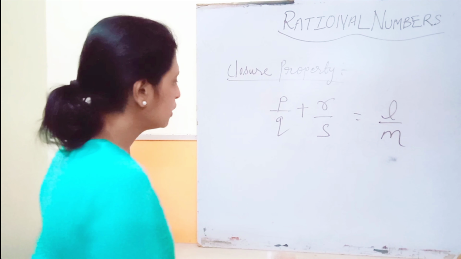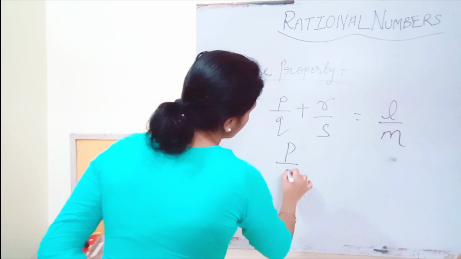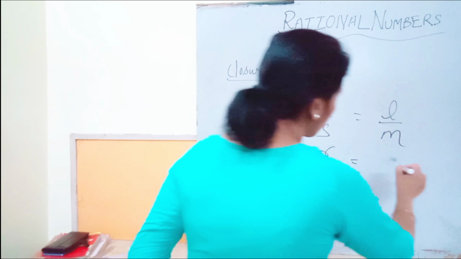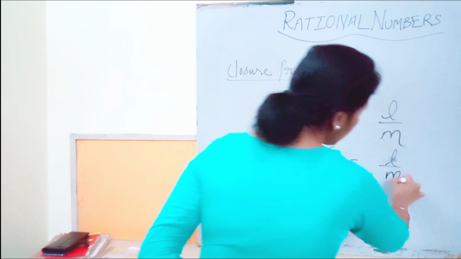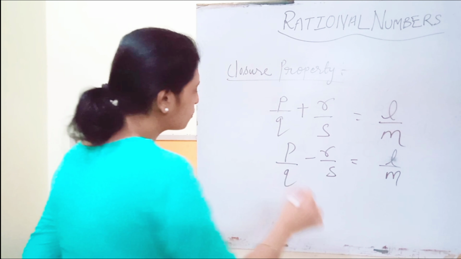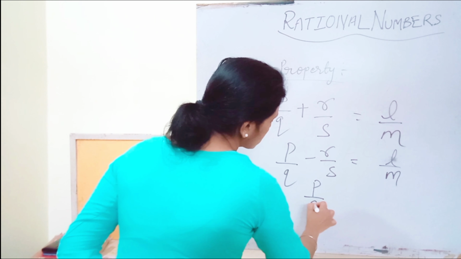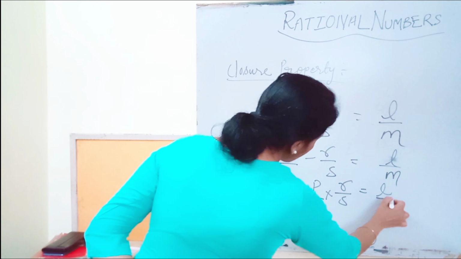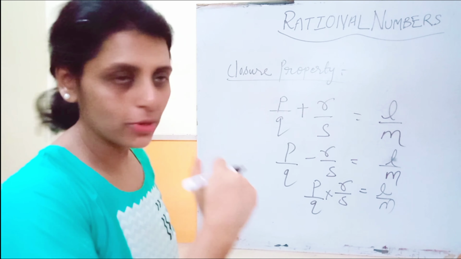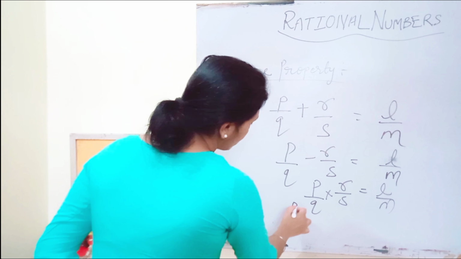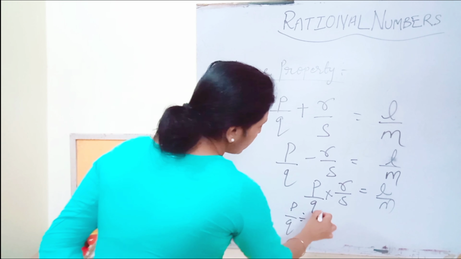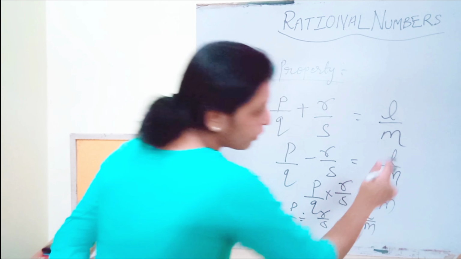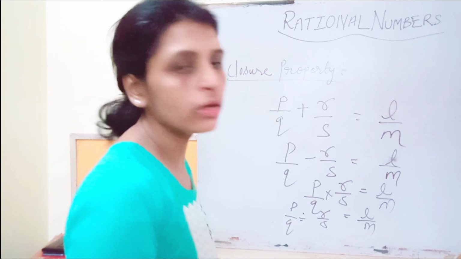In the same way, if we subtract two rational numbers, the result is also a rational number. Okay? When we multiply two rational numbers, the result is also a rational number. When two rational numbers are divided, we also obtain a rational number only.